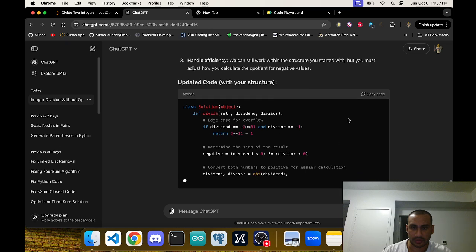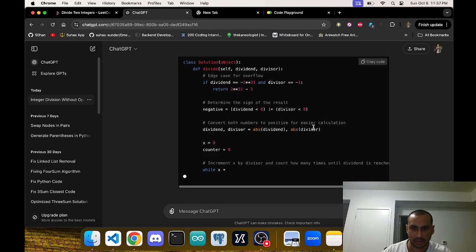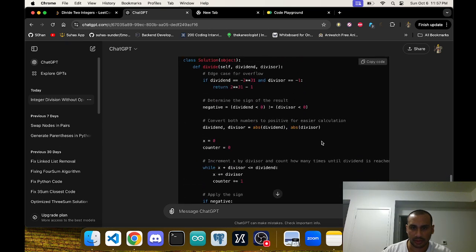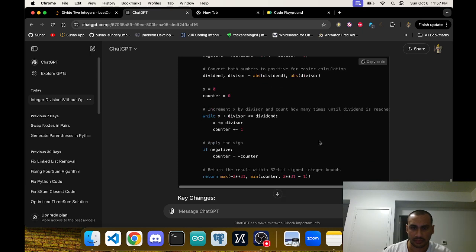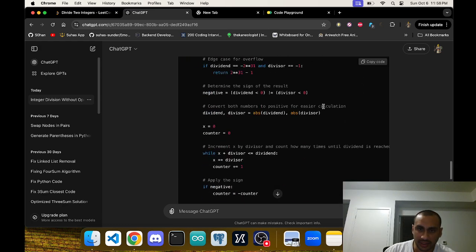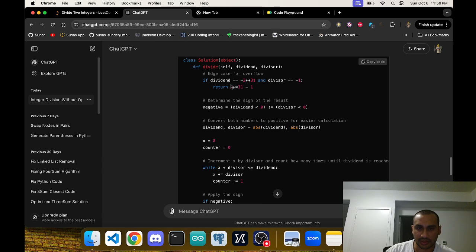So first you have to get within that bound, then figure out what is negative or not, and then you do divisor counter, which is the same thing I already did. X plus divisor is less than or equal to the dividend. And then if negative, you just make it negative. Okay, cool. So it's pretty much the same thing. All it does is handle negative values is what I missed.